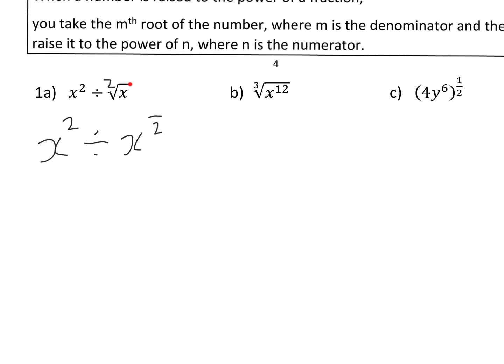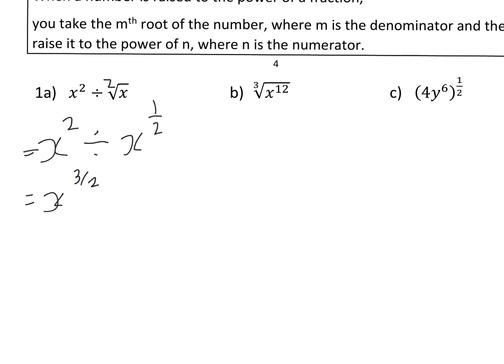There's no power on the x, so that would just be 1. So then we've got a division, where the bases are the same, so we can subtract the powers. That would give us 2 take away a half, which is 3 halves.